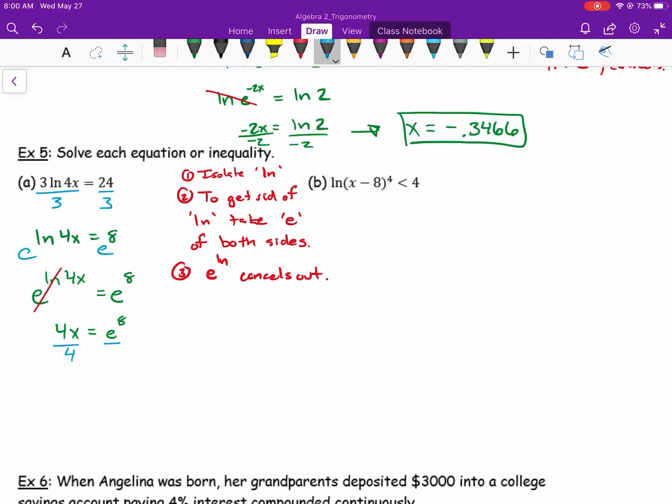I'm going to divide by 4, because remember, e is just a number. So in the calculator, I'm going to put e to the 8 all divided by 4. This gives me 745.2395, because we are rounding to 4 decimal places in this unit.